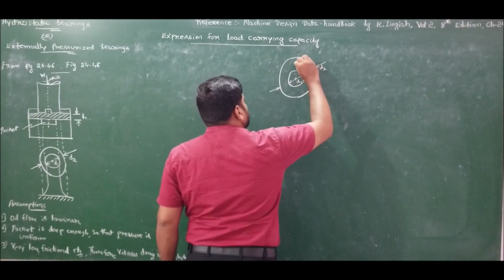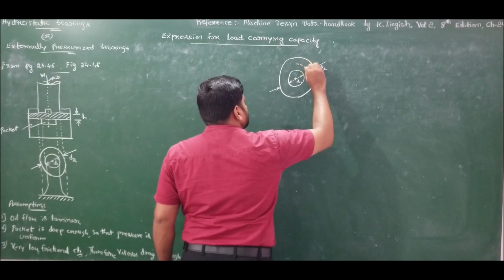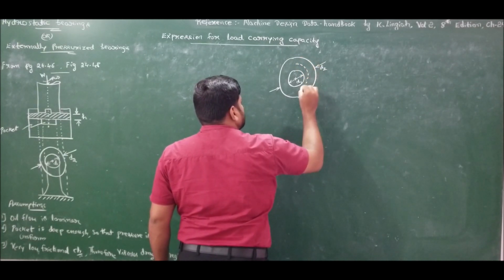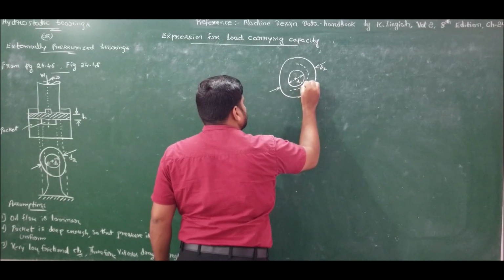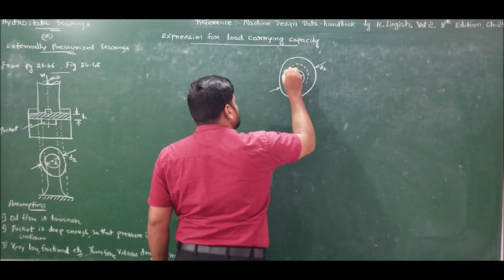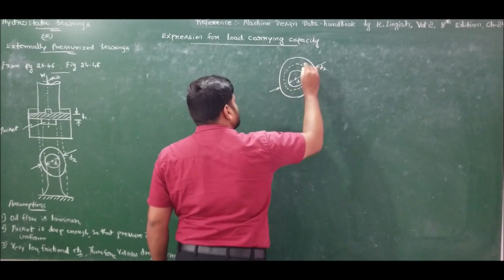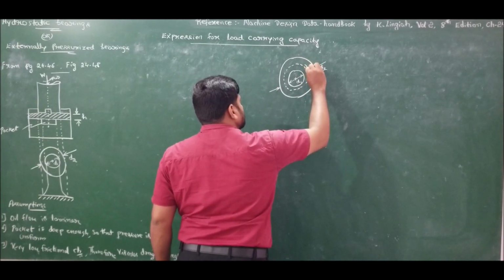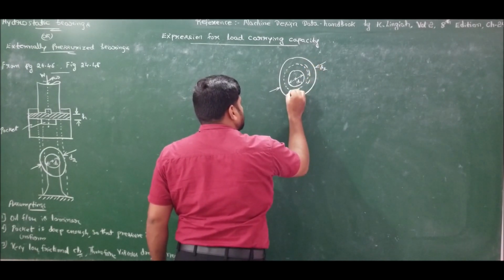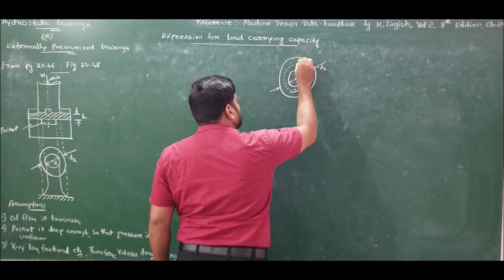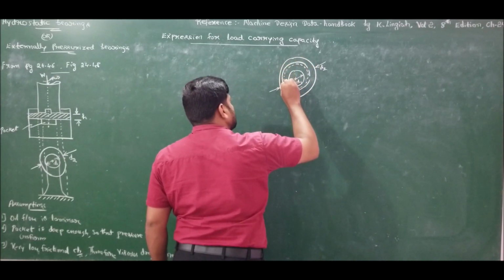And let me consider an elemental ring in the oil film, whose thickness is dr. So consider an elemental ring having thickness dr at a radius r.